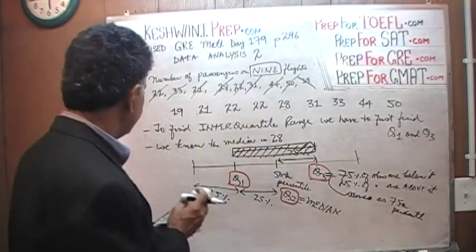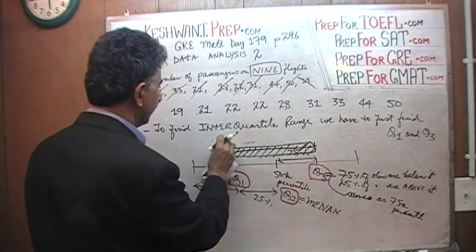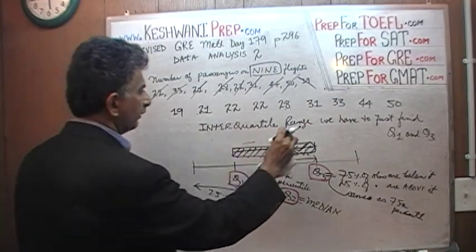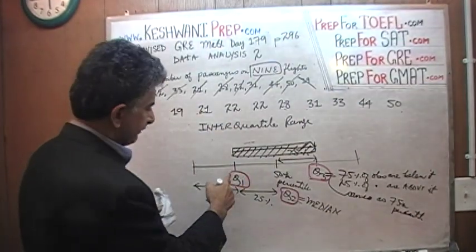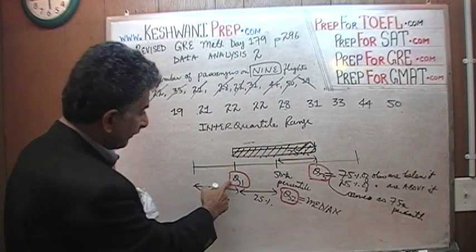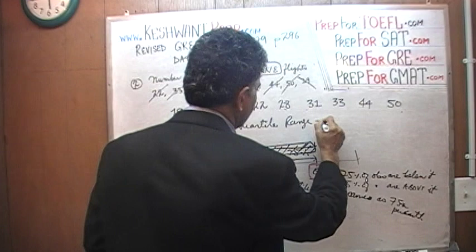Let me erase all of this. We know the median is 28. The interquartile range is what I just showed you, where the mark for the first quartile and the third quartile is, this middle 50% of the population.